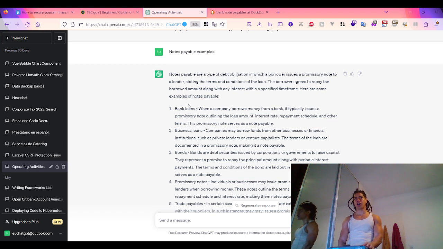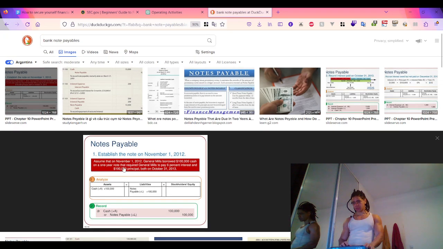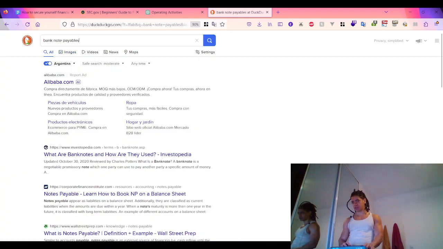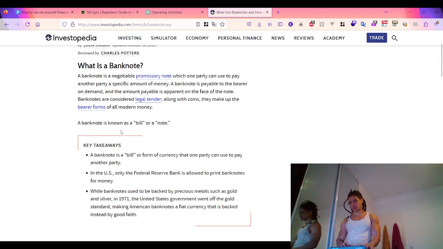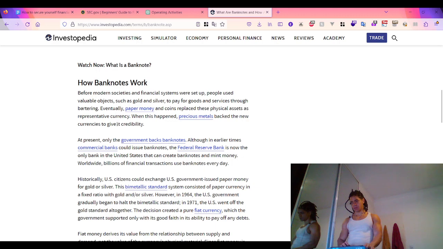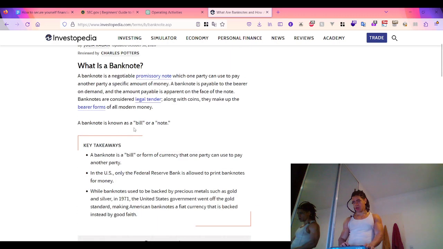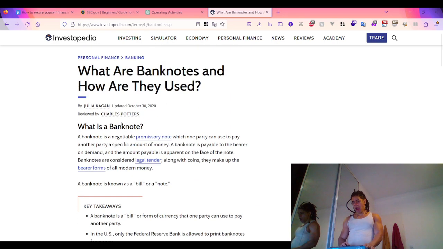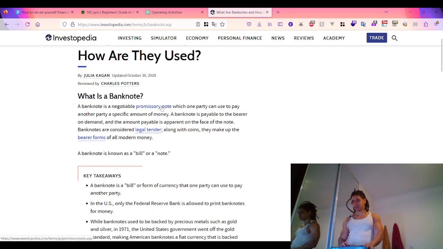Anytime a company asks for a loan from a bank, it generates this notes payable. Promissory notes, exactly, promissory notes, bank notes.